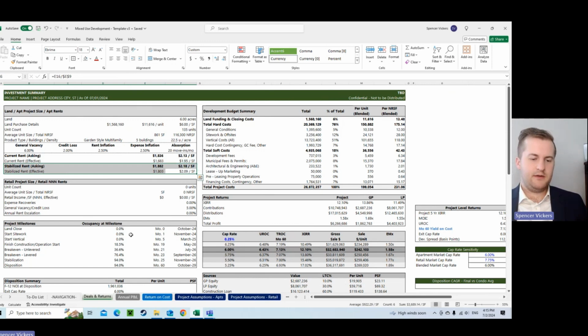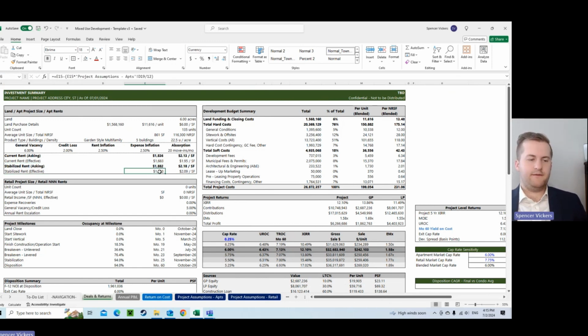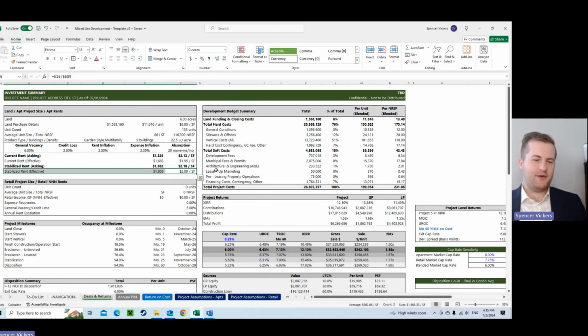During the stabilized period, once you get to the stabilization number, what is your rent going to be? This effective rent down here assumes that we're still going to hold some concessions going forward, just to ensure that, one, from a pro forma perspective, we're covered and not over-projecting our effective income.